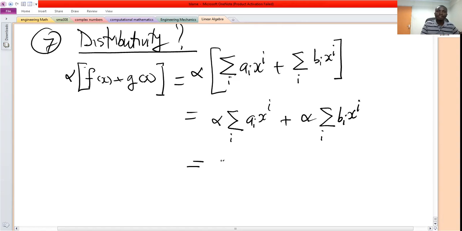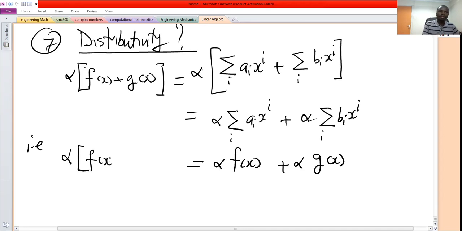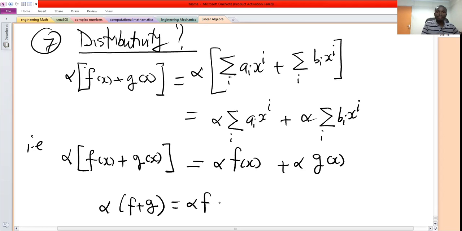And you see, by definition, this is the structure of f(x), and this is the structure of g(x). So alpha into (f plus g) is equal to alpha f plus alpha g.